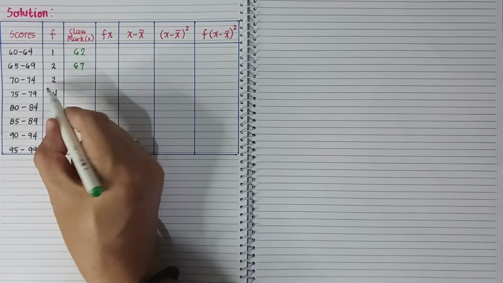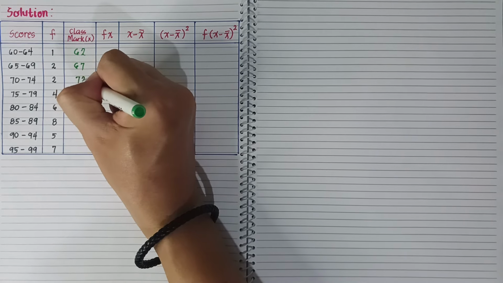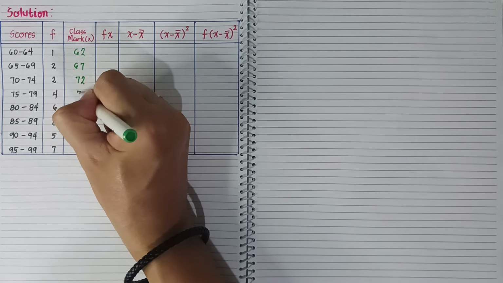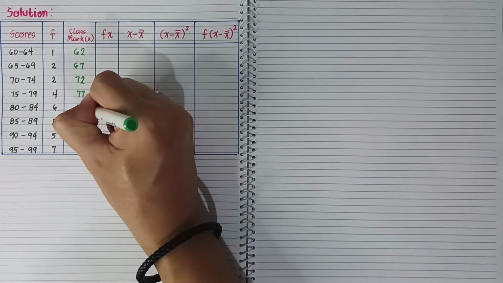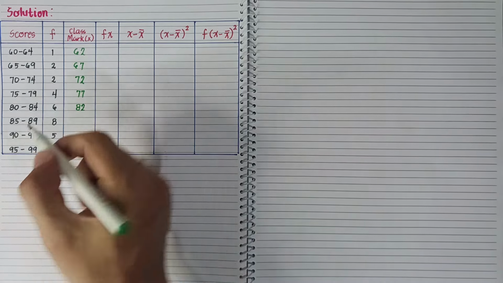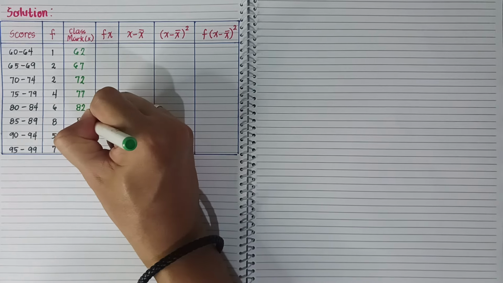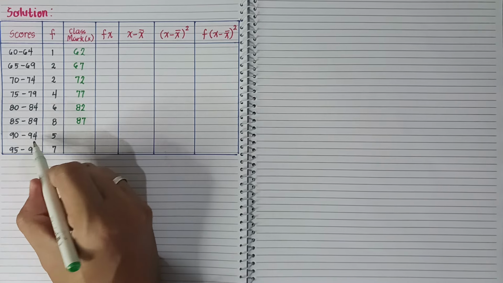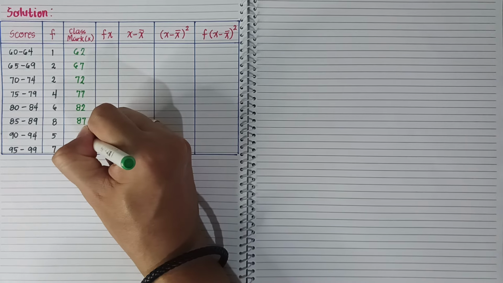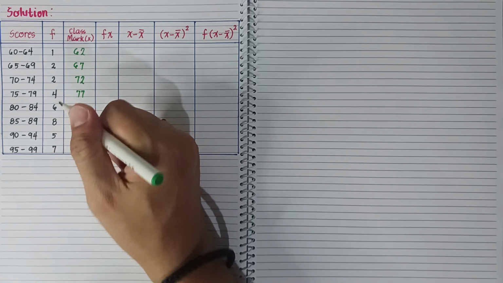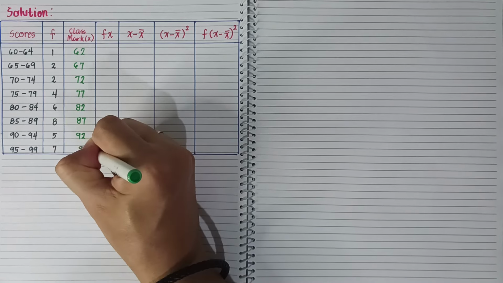Next, we have 72, and then 77. 80 to 84, that is 82, and then 87. 90 to 94, so ang middle value or midpoint ay 92, and then we have 97.